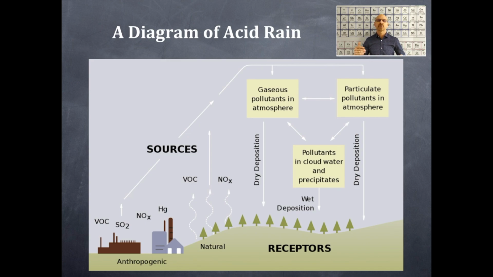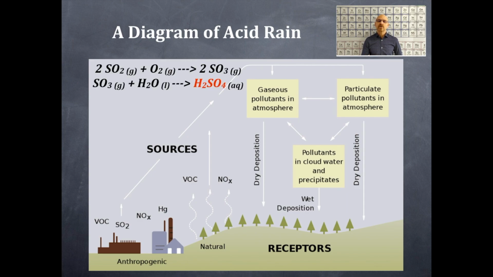We have cars that produce gases, and here are some of those gases. Sulfur dioxide, SO2, plus oxygen in the environment will form sulfur trioxide gas. That sulfur trioxide gas will now interact with the water in the environment and produce sulfuric acid. That sulfuric acid in the atmosphere will now come down as acid rain.